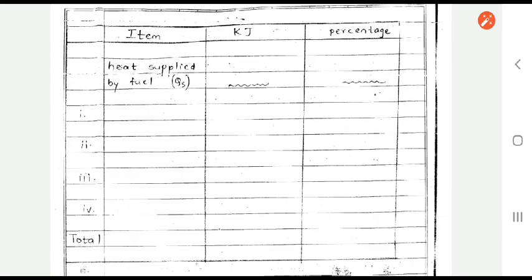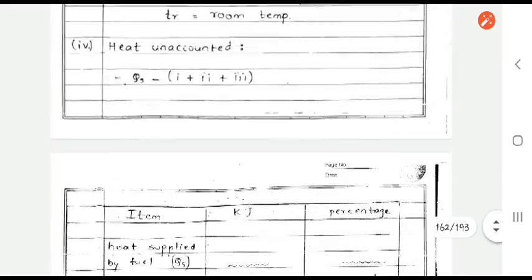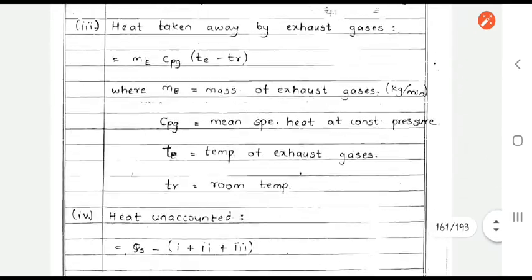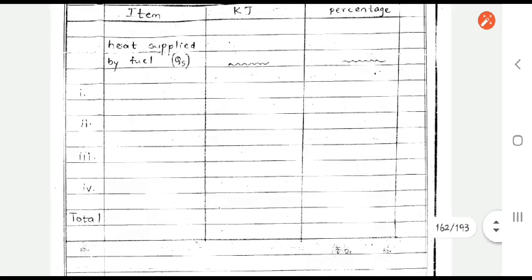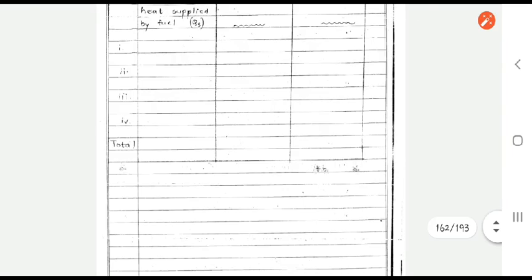We write that value in kilojoule, and the percentage will be 100%. Then the first, second, third and fourth items we have already discussed, we put those values over here, take the summation of all of them, and write the total in kilojoule and in percentage. This is nothing but the heat balance sheet.